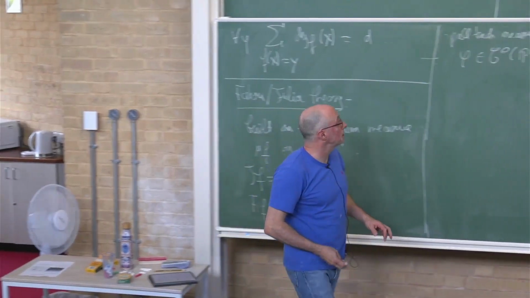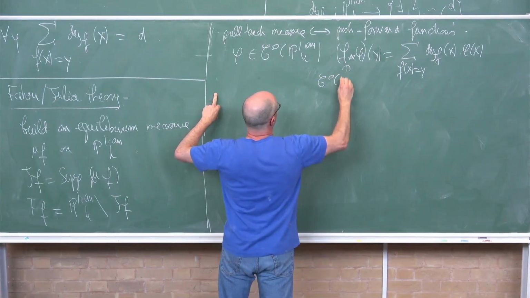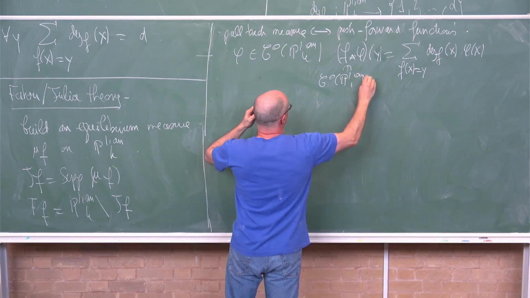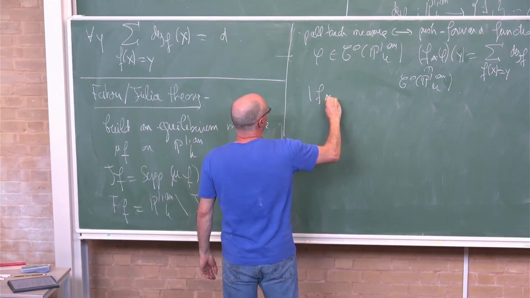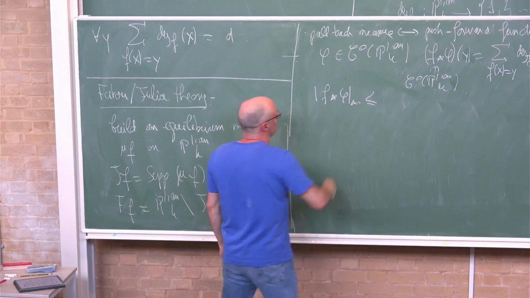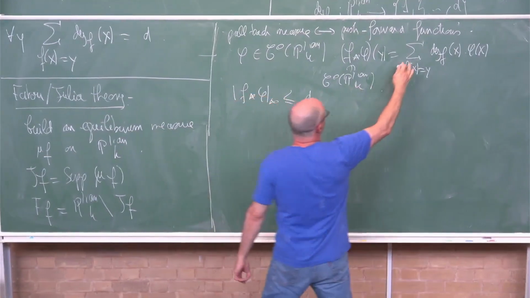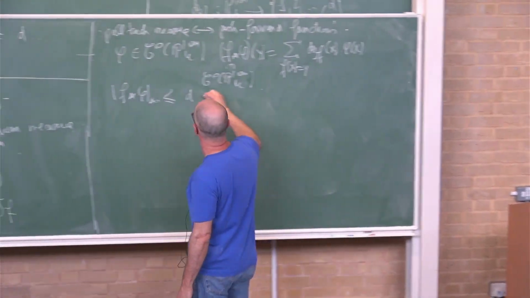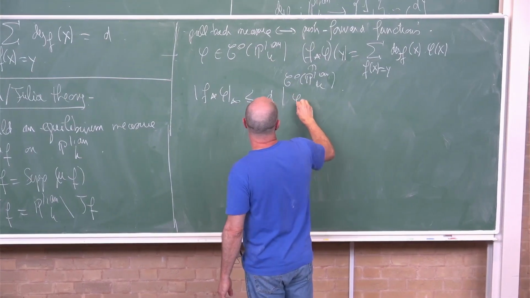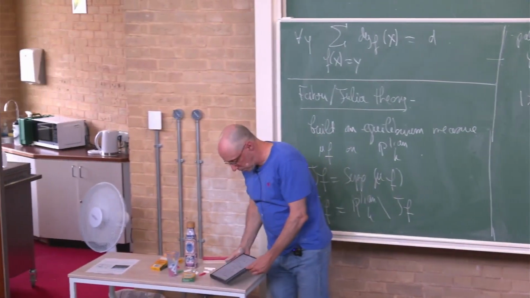If you do that, then you can show that this is also continuous. And then the supremum is less than or equal to d times the supremum of phi, since the sum of the local degrees is always d. And so by duality, you get a pullback operator.